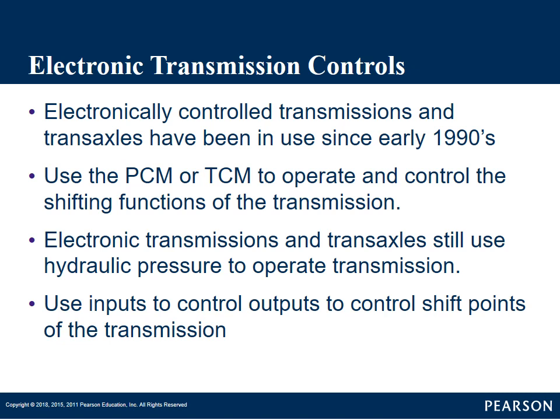We're using shift solenoids to control that fluid pressure and direct it to get our certain transmission shifts. So they're still using hydraulic pressure, but now we're using solenoids to control it. We can do it much more accurately with solenoids than when we just had a throttle valve and a governor controlling our pressures.